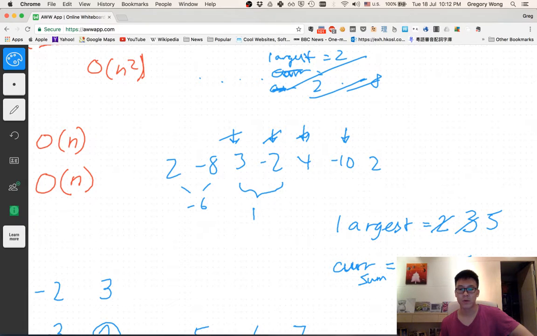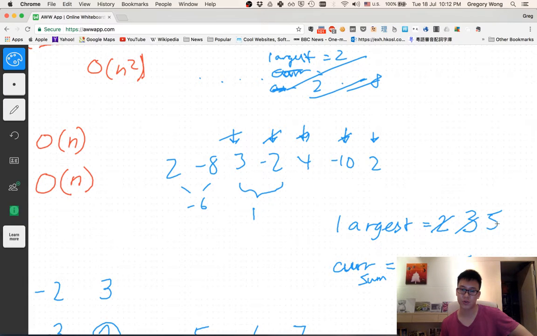And then I add that to the current sum, and I see that it's actually a negative number. So that means I should just discard the sum. And I go to the next one, and it's a positive number, so I just add that to the current sum and compare.